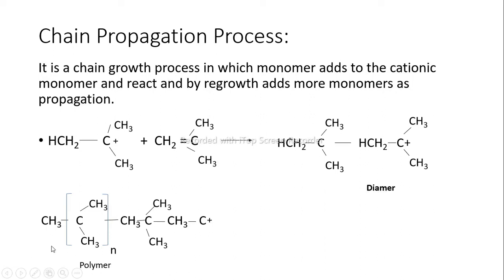Here this side of the polymer is the monomer which we reacted, and this whole side is the dimer which was reacted with other monomers. Here the chain propagation process ends.